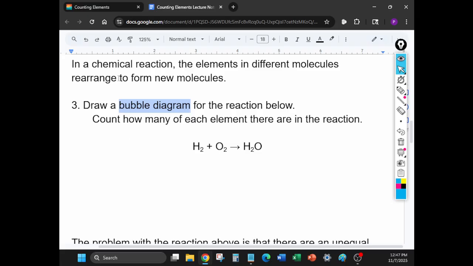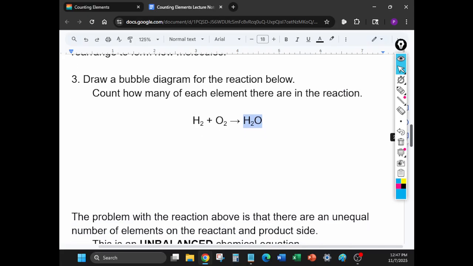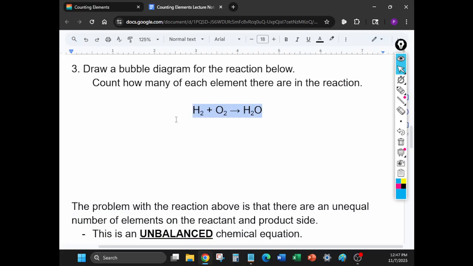So just to put it very simply, when chemicals react together, the elements, so like the hydrogens and the oxygens, they basically rearrange to form new molecules. And that's what we're going to be visualizing today. So on your papers, before we start, I want you guys to write down this equation for number 3. And then I'm going to show you guys how to draw the bubble diagram for that. So right now, take a minute and just copy down this equation.